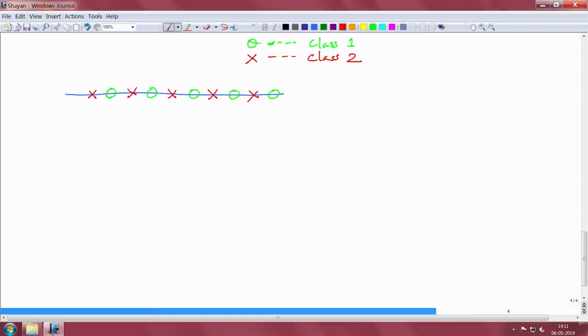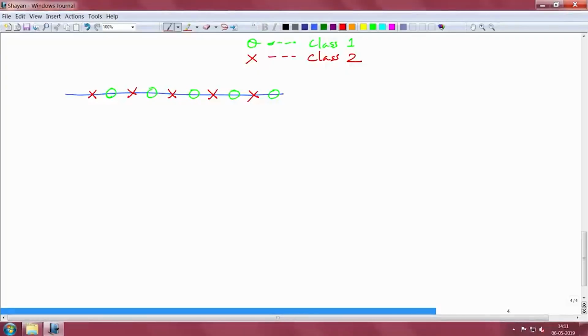Now if I ask you this question, how many lines do you require to separate these classes? I just want to use lines to separate these classes, and let us say this goes on till infinity on the real line. So you can imagine the x's are all odd integers, and the round circles are all even integers, and we have these on the line. And if I want to have lines to separate these classes, how many such lines are possible?